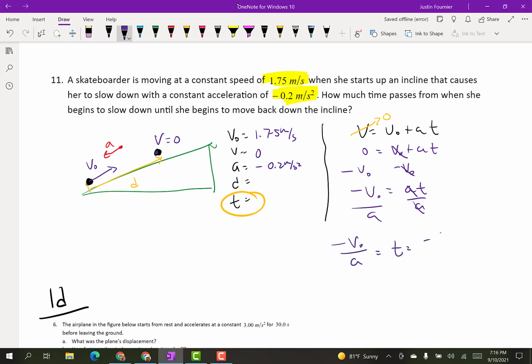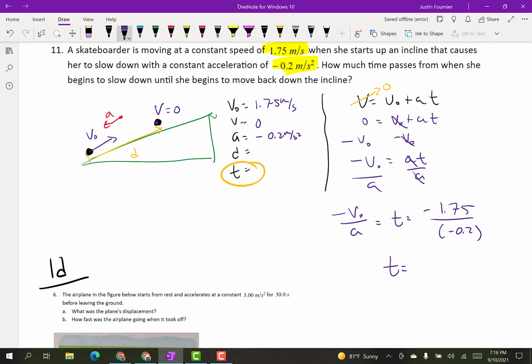So it's going to be negative 1.75 divided by the acceleration, which is negative 0.2. And so I get a time of, and I'll plug this into my other calculator. Looks like I got 8.75, so 8.75 seconds. And there's that one.